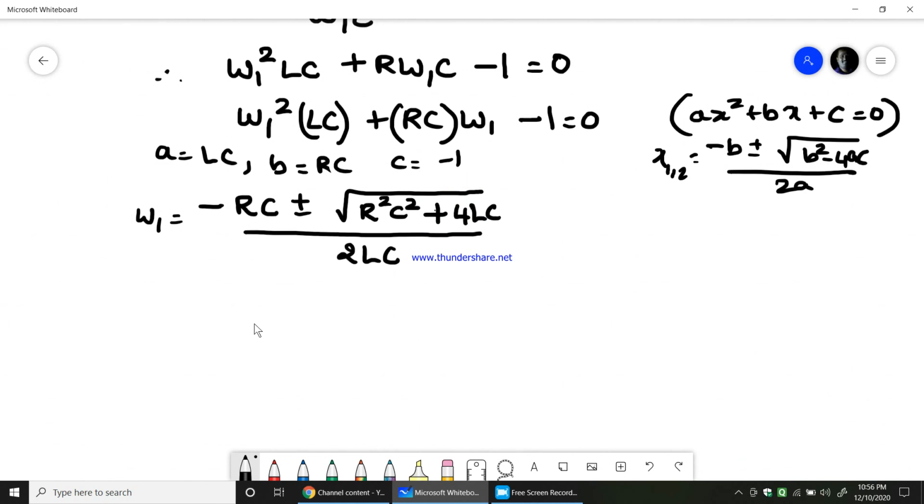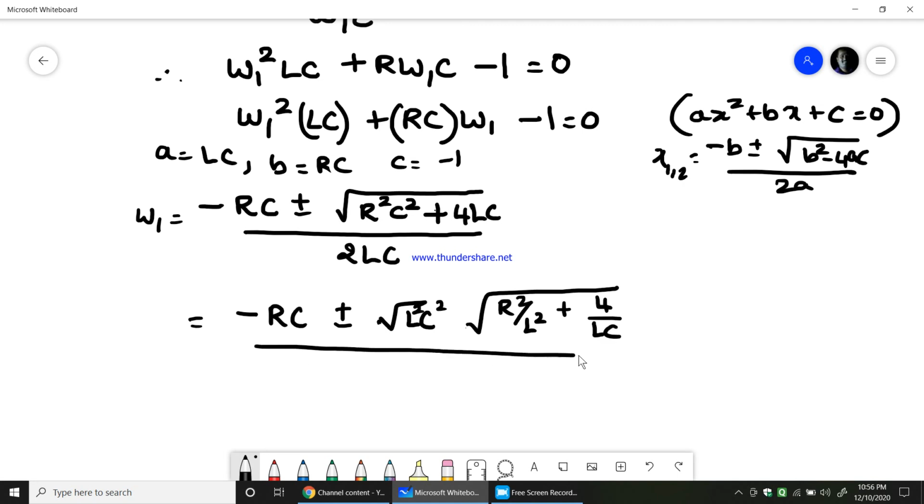In this equation I will try to take LC common, or root of L square C square common, minus RC plus or minus root of L square C square times root of R square by L square plus 4 divided by LC, divided by 2 times LC.